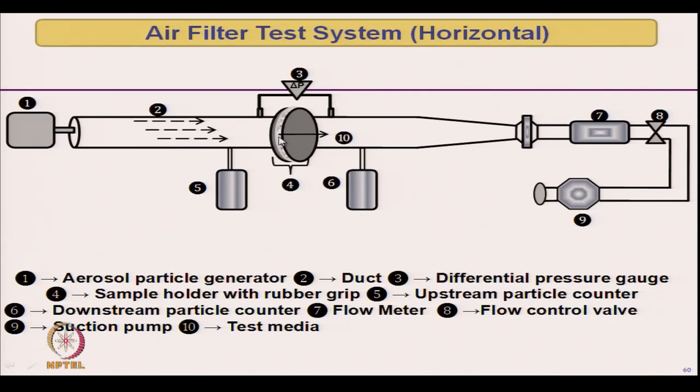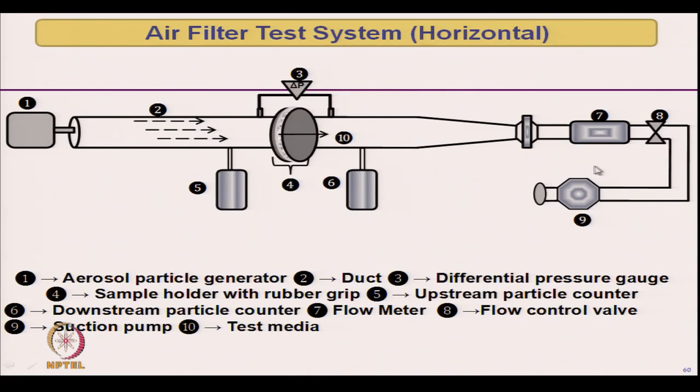This medium can be woven, non-woven or any other test medium. 5 is the upstream particle counter, and 6 is another particle counter placed on the downstream side. 7 is the flow meter which measures the flow rate of the air. 8 is the flow control valve, with which we can control the flow rate, and 9 is the suction pump.